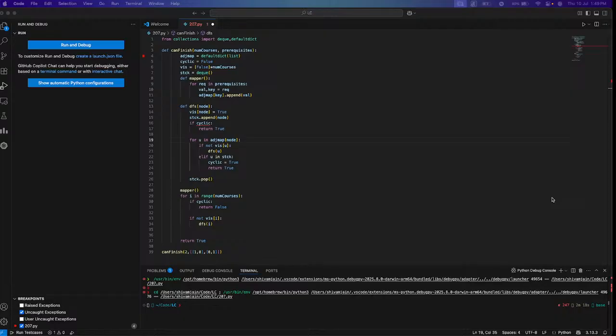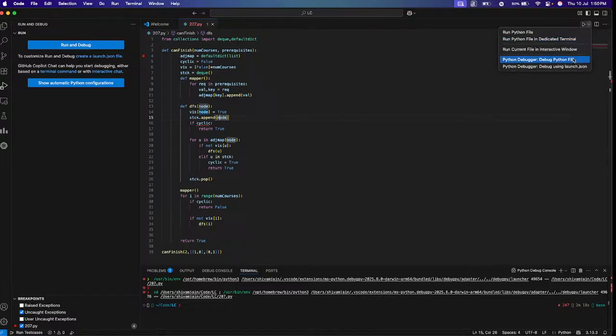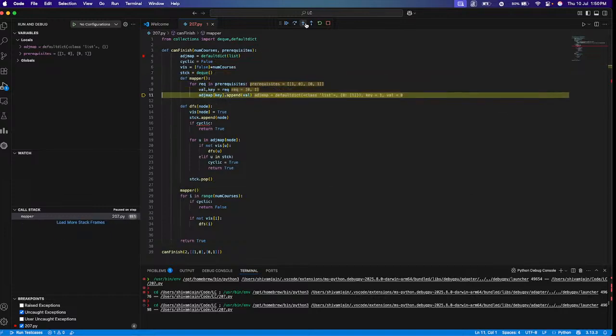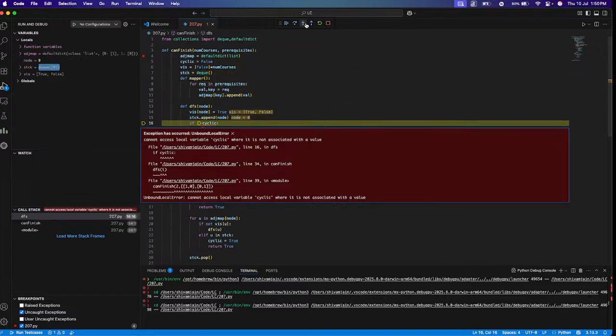That makes no sense. The cyclic has already been assigned a value. What is this thing on? Cyclic, cyclic, cyclic. Yeah, that makes no sense. Huh.